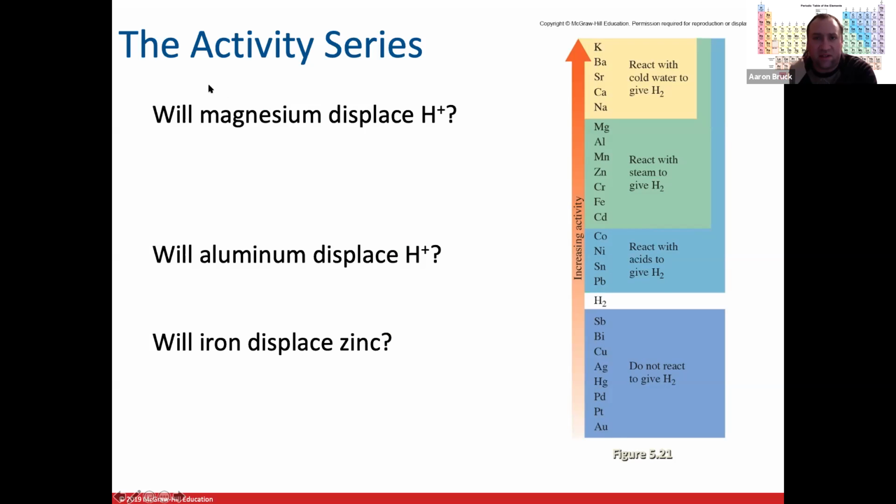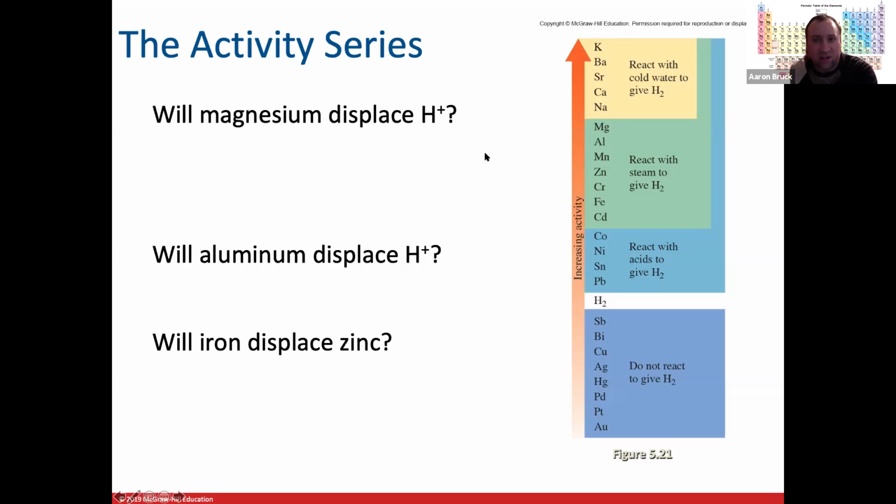The activity series gives a ranking of one element and its reactivity relative to other elements. The higher up on the list, the more reactive that element is, and every element that is high can replace any of the elements that are below it.